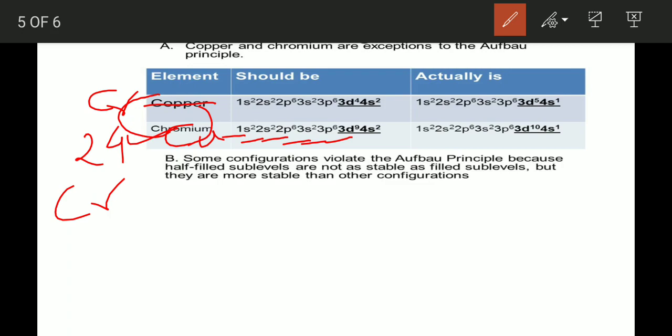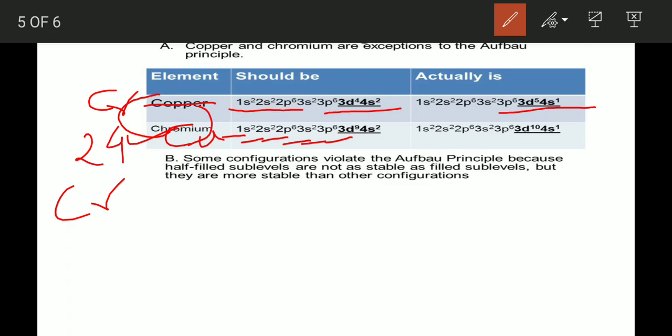Now its electronic configuration. The expected electronic configuration is 3d4 and 4s2. But the actual electronic configuration becomes 3d5 and 4s1.